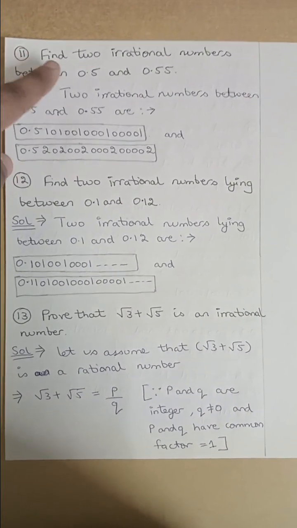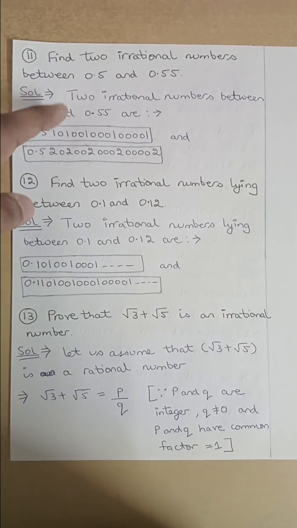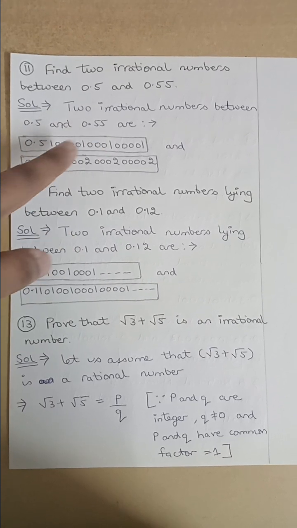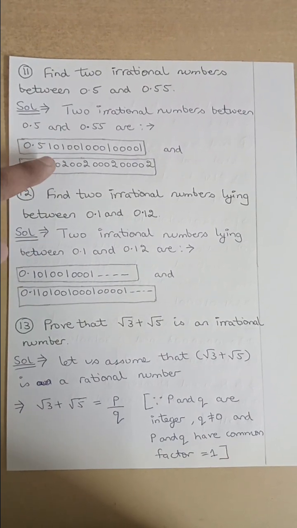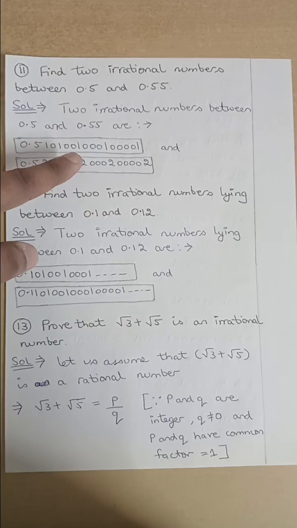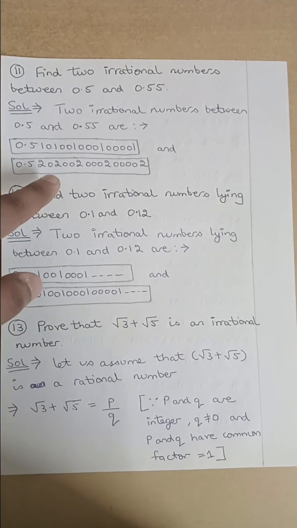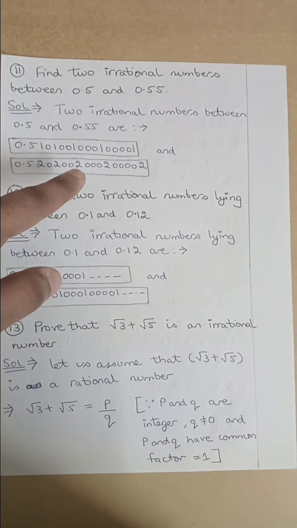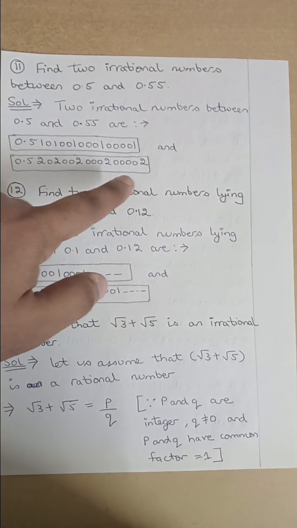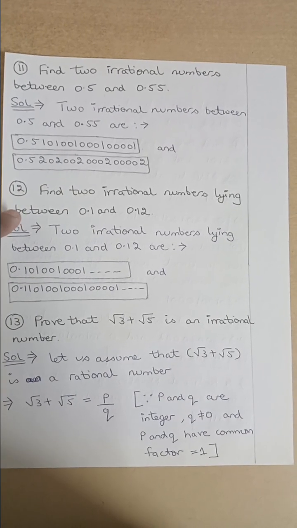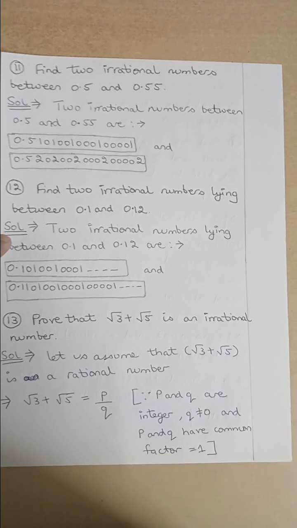11th question, find two irrational numbers between 0.5 and 0.55. Solution, two irrational numbers between 0.5 and 0.55 are 0.510, 100, 1, triple 0 1, and so on, and 0.520, 2, triple 2, double 0 2, triple 0 2, and so on. 12th, find two irrational numbers lying between 0.1 and 0.12.